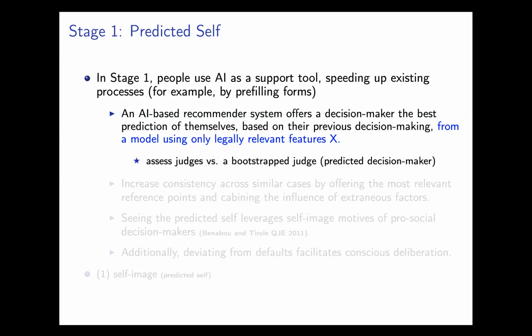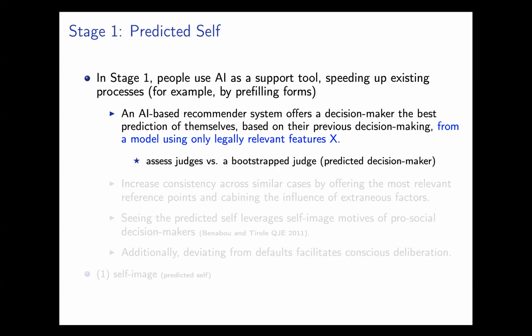For instance, if I'm very attentive to legally relevant factors and have some private information that's not in the model, then the human judge will do better than the predicted judge. But if instead I'm very behavioral, cognitively distracted, having W's affect my decisions, then the actual judge would do worse than the bootstrap judge.